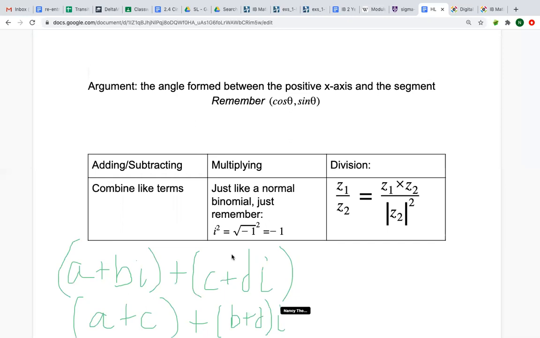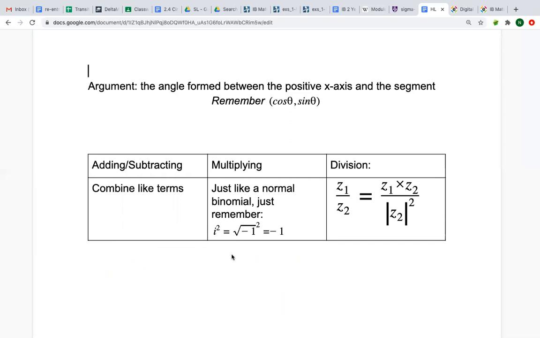So just like normal, just pretend your i is an x. It's just a variable, and you combine like terms. When you're multiplying, you can treat it like an x as well. Just remember that when you get i squared, it's the same thing as -1 squared, which is just -1. So make sure that you go through that extra step at the end.